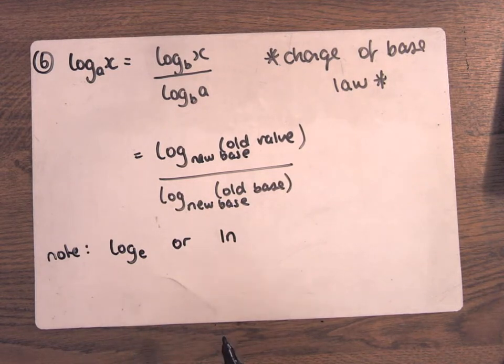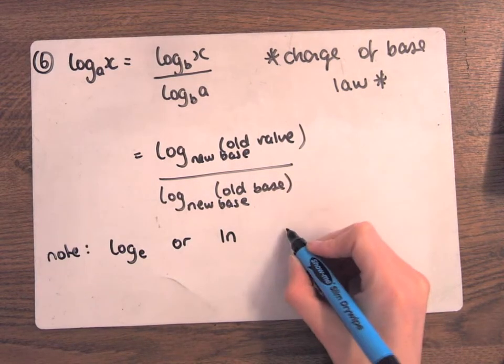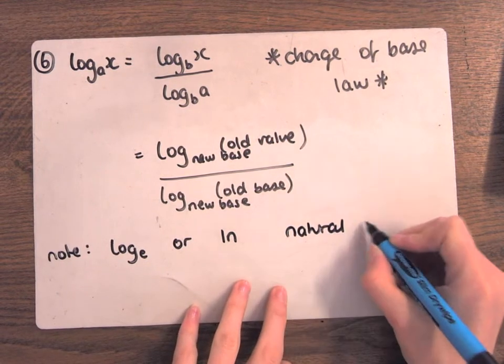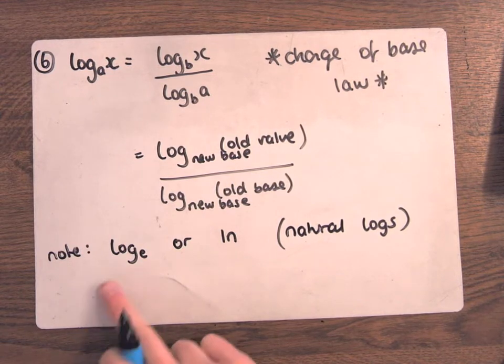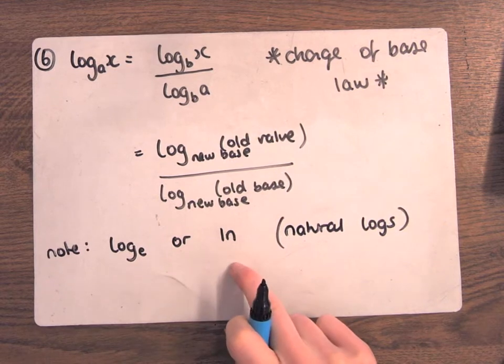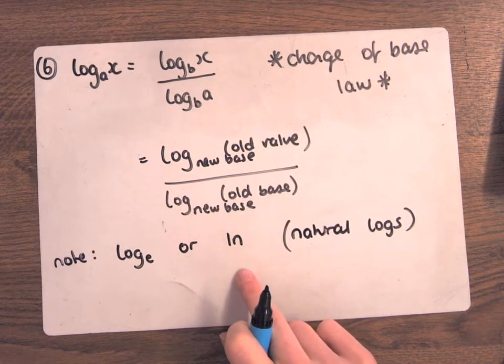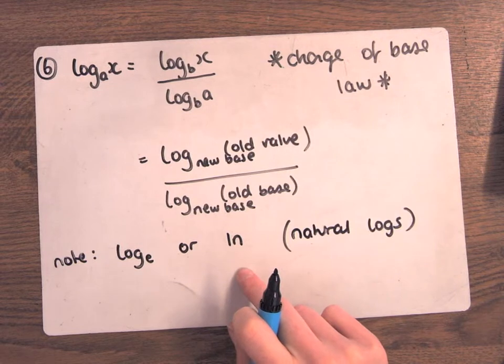So if you see ln, it just means log to the base e. These are called natural logs, and they used to be used for things that occur naturally: earthquakes, growth of bacteria or colonies. Now, we're going to use this a lot in the next few days, so it will become a little bit clearer.